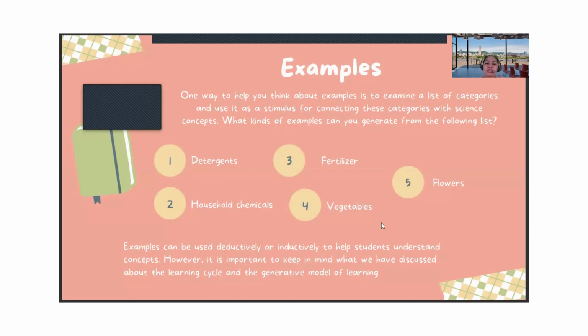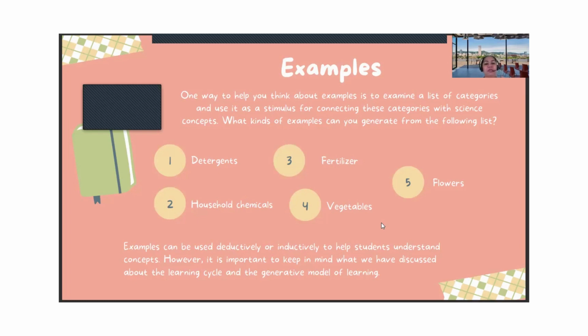Of course, they will say brand names of detergents. So that's already an example of detergents. You will ask, how about household chemicals, fertilizer, vegetables, or flowers? They will provide you a lot of examples of that particular topic.